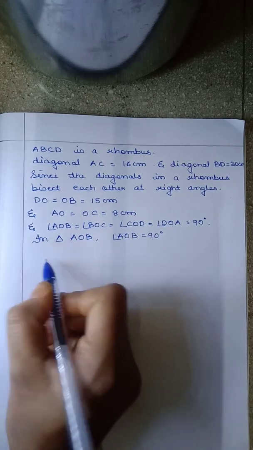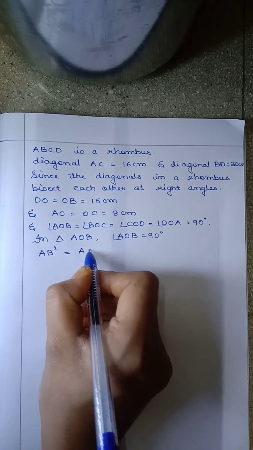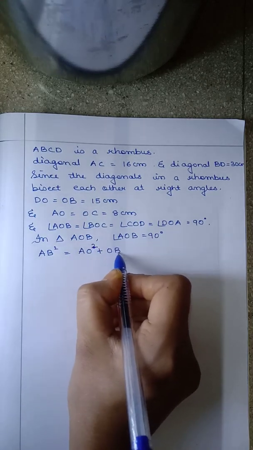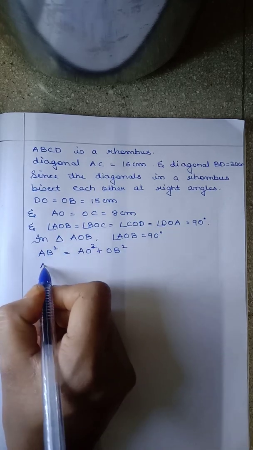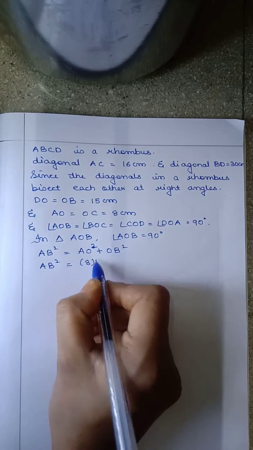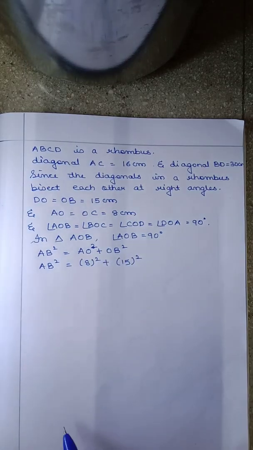Opposite to that is the hypotenuse, that is AB square will be equal to AO square plus OB square. So AB square we have to find. AO square is nothing but 8 square plus OB square, you can see in the figure it is 15 square.